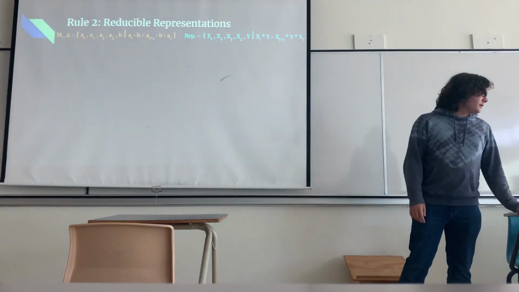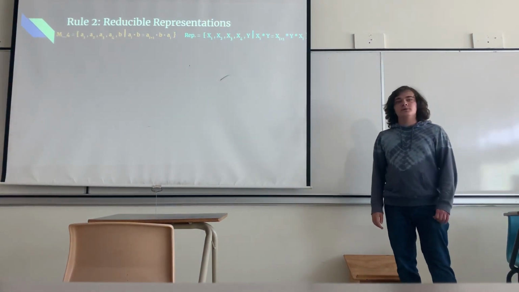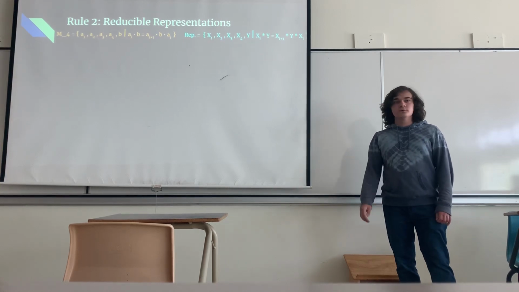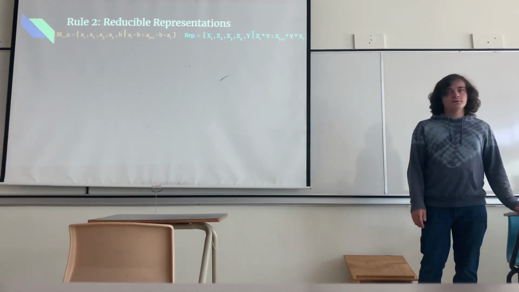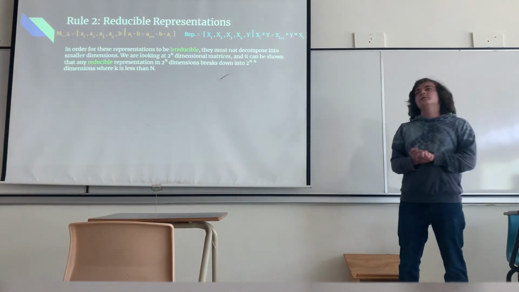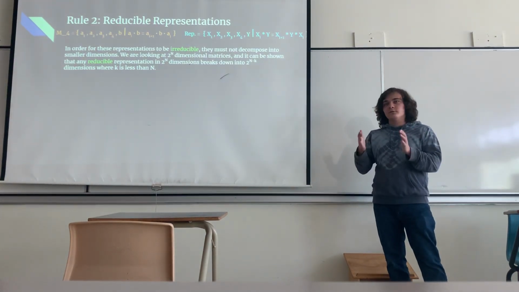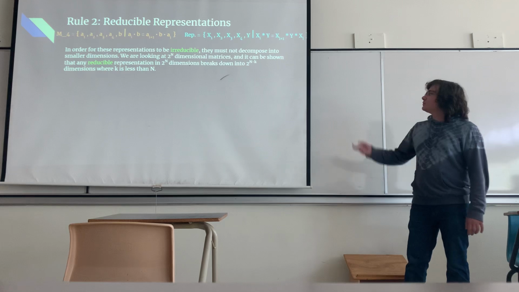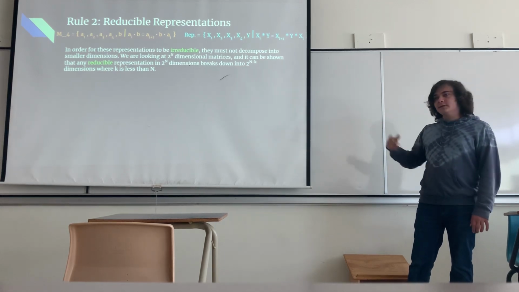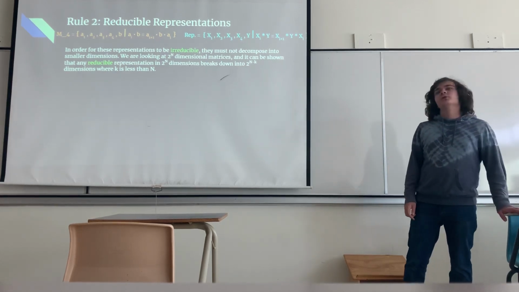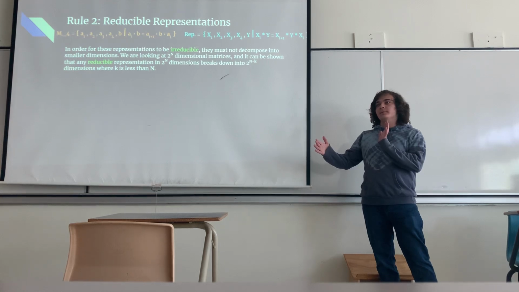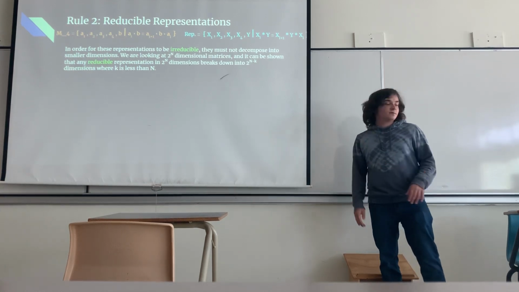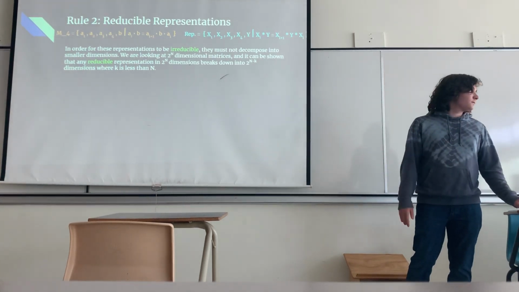Okay. So our second rule is about making sure our representations are irreducible. I'm going to remind us again about what reducible representations are. They are the representations that decompose into smaller dimensions. So since we're talking about 4x4 matrices in this context, you can show that any reducible representation is going to break into either 2 dimensions or 1 dimension, like a lower power of 2.